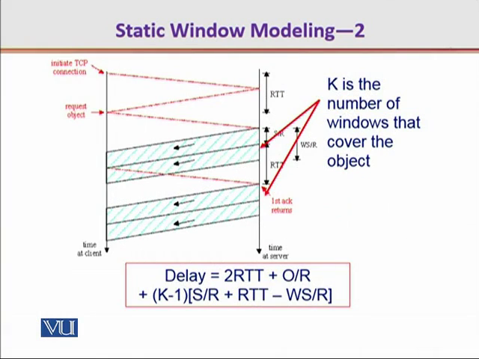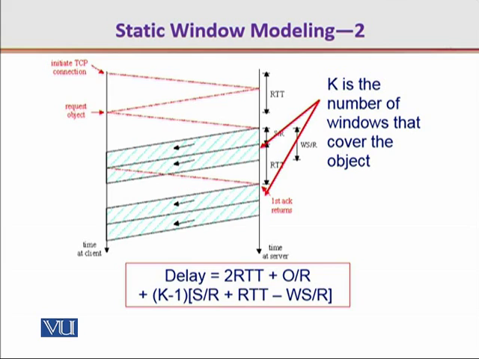On a timeline, if we visualize the relationship between client and server communication through message flows, we'll see that when the server sends the window worth of data, the complete window gets delivered and there is some stall time.